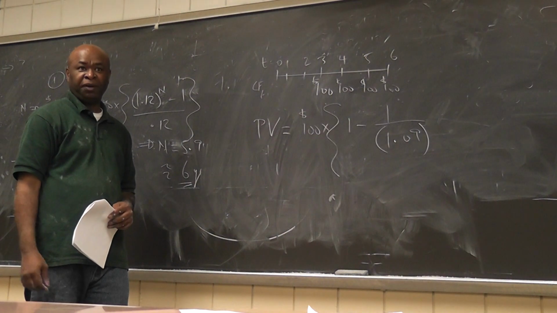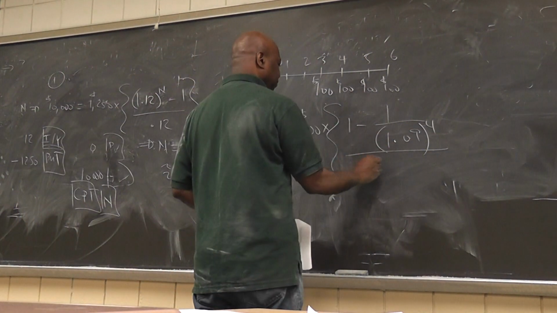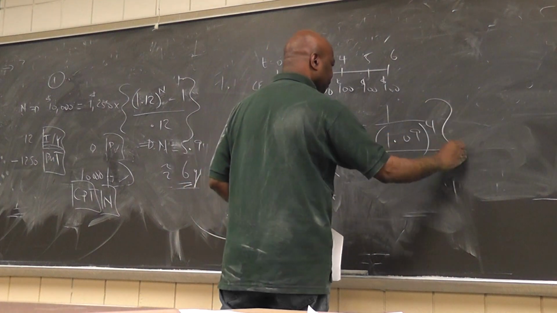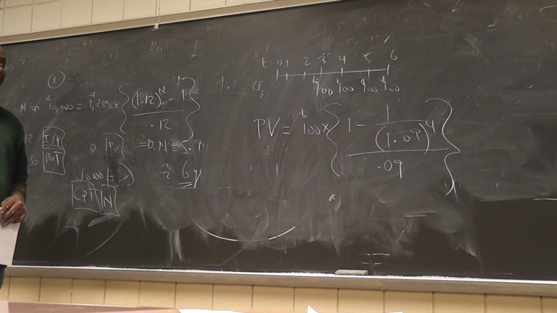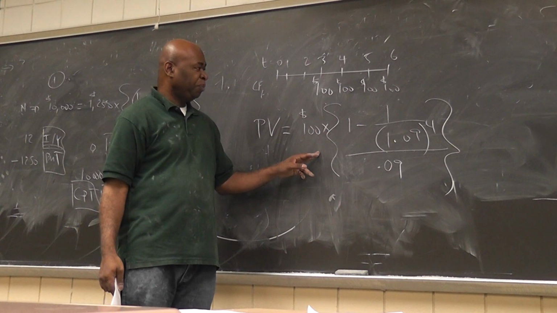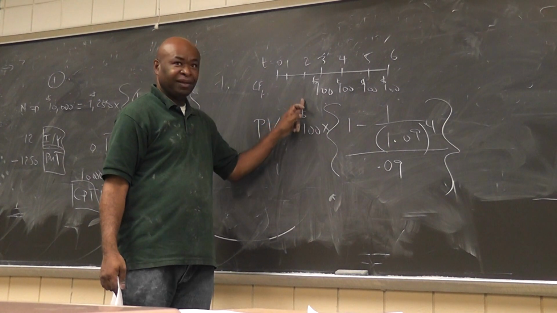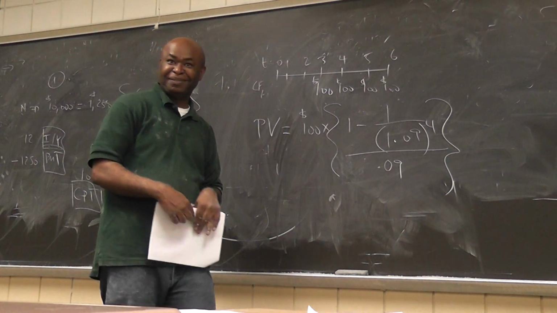Because it's a 4-period annuity, right? Over 0.09. Is that it? No. Why? Because what I did here will be the value as of period 2, right? So therefore I need to discount 2 periods.